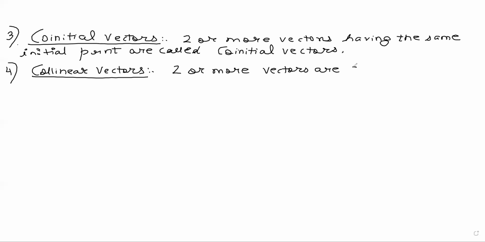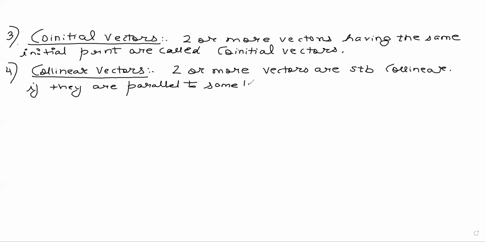Two or more vectors are said to be collinear if they are parallel to the same line, irrespective of their magnitudes and directions.